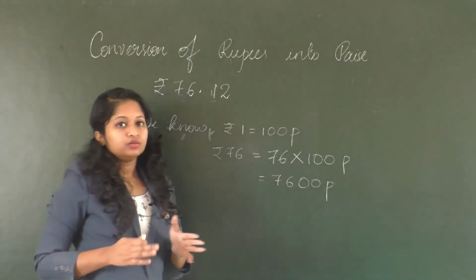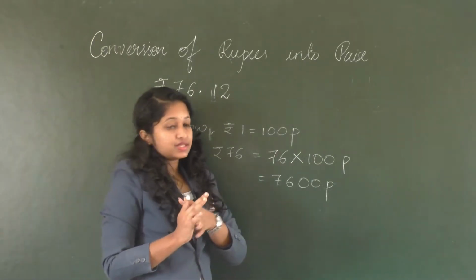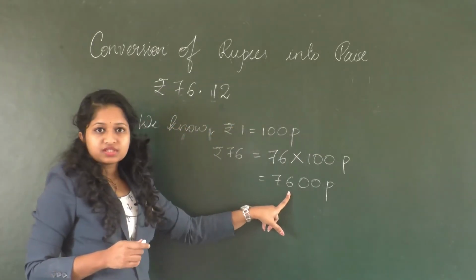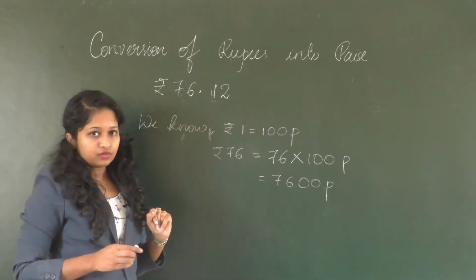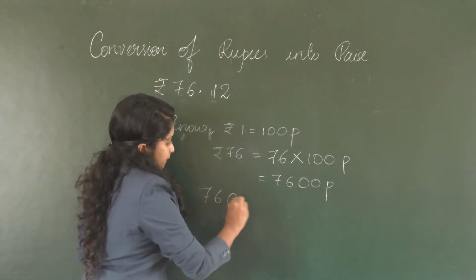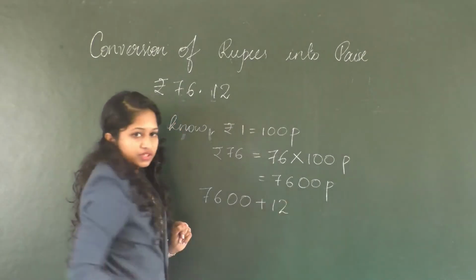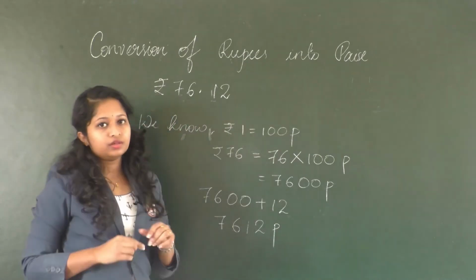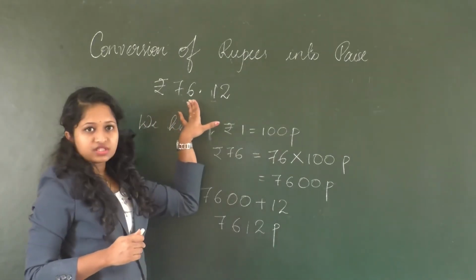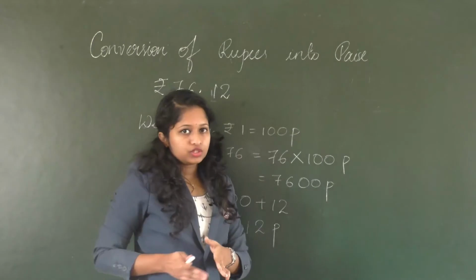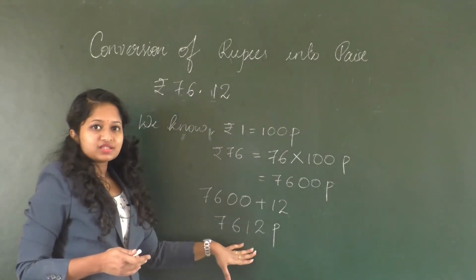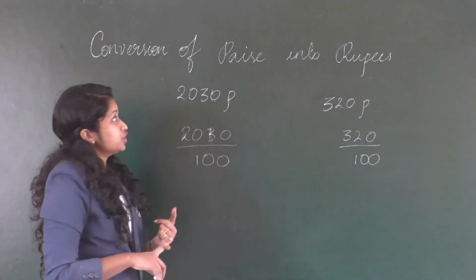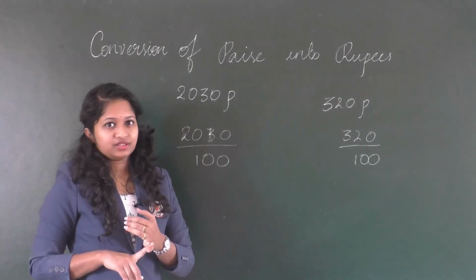What is remaining? We should just add this to 12. 7600 plus 12. So what is that? So we get it as 7612 paise. So 76 rupees 12 paise is equal to 7612 paise. So children, we learned the conversion of rupees into paise, isn't it?